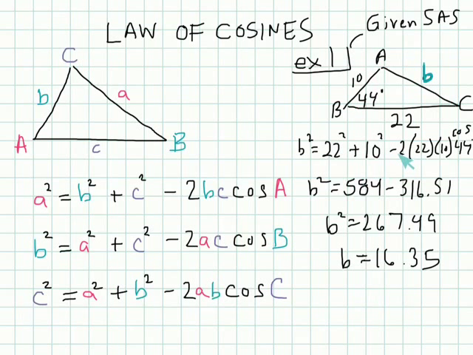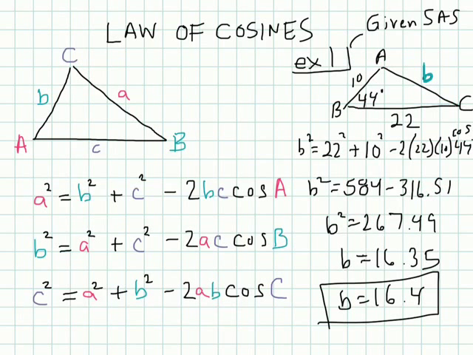And then 2 times 22 times 10 times the cosine of 44 would give you 316, approximately 0.51. Subtract those and you get 267.49, and then you square root each side to get B equals 16.35, or if you want to round, you can call that 16.4 if it was the nearest tenth. So that's using the law of cosines to solve a problem.